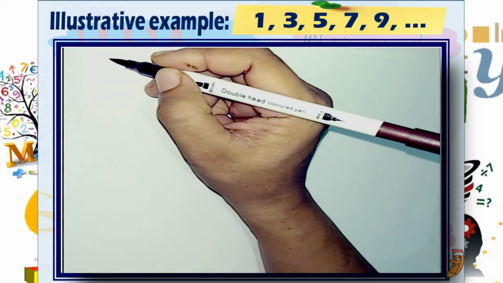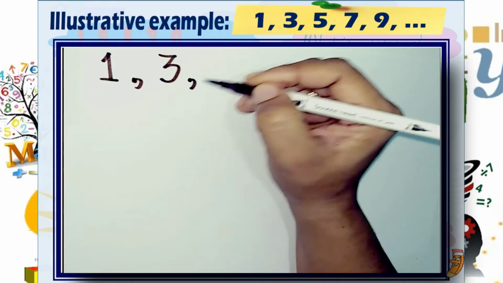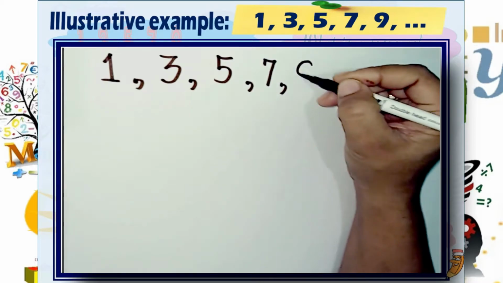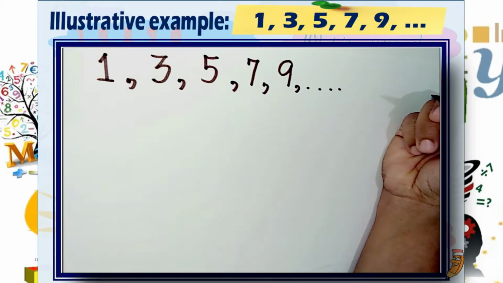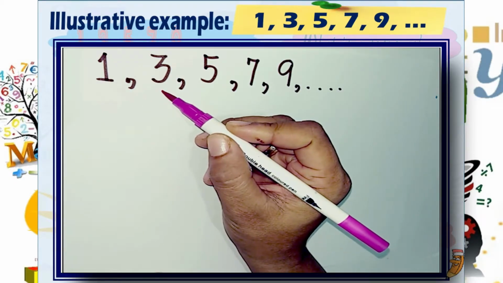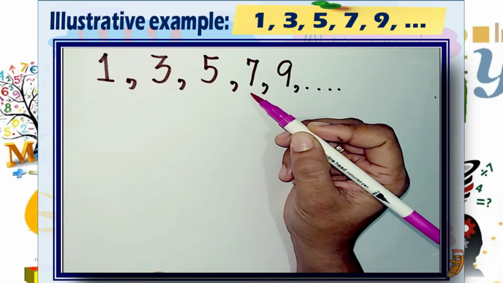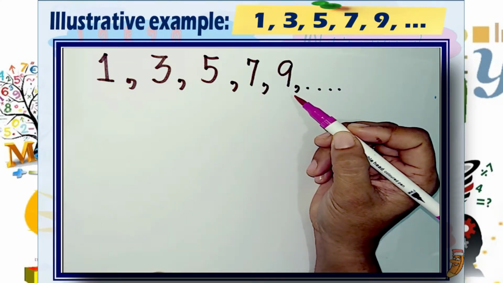In the sequence 1, 3, 5, 7, 9, and so on. The first term is 1, the second term is 3, the third term is 5, the fourth term is 7, and the fifth term is 9.